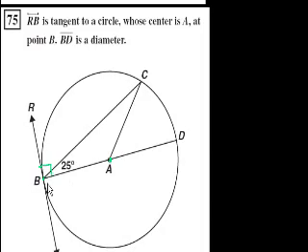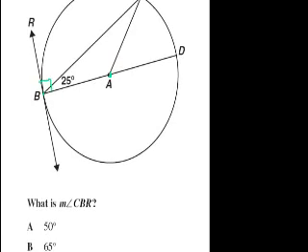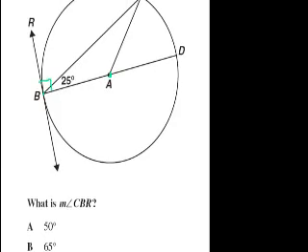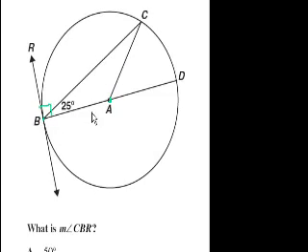BD is a diameter. Okay, fair enough. A is a center, so that's kind of obvious. So they want to know what is the measure of angle CBR. So they want to know what this angle is equal to.